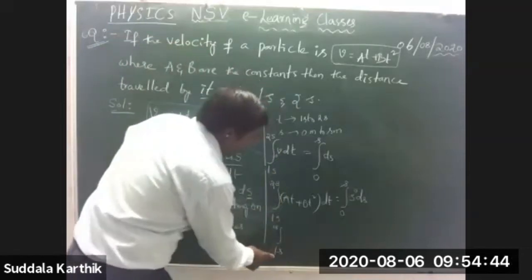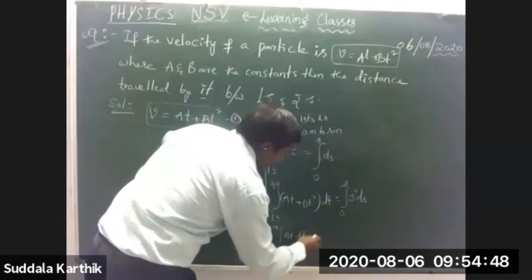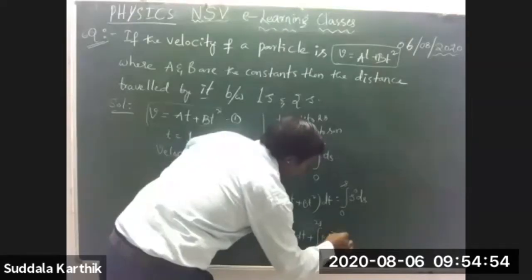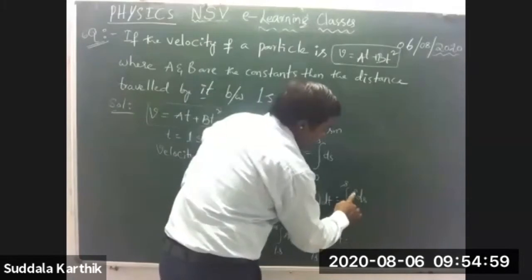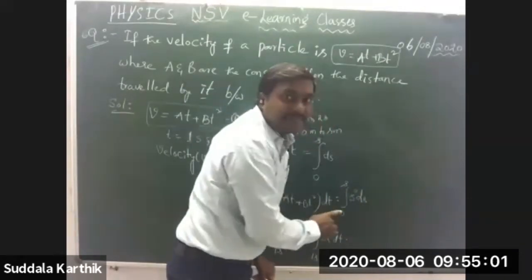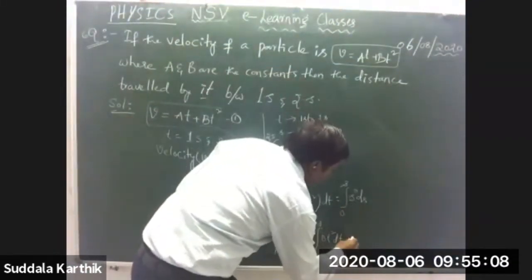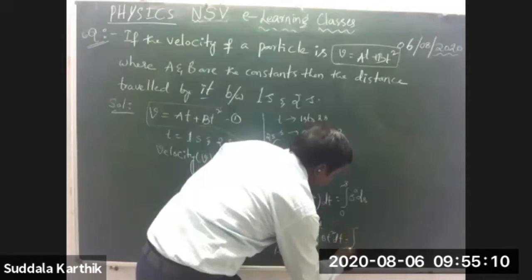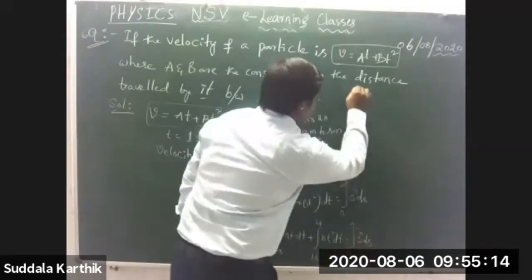Integral from 1 second to 2 seconds of at dt plus integral from 1 second to 2 seconds of bt square dt is equal to the form integral of x to the power of n dx. First of all, I'm writing it like that because there I'm calculating s power 0 ds.